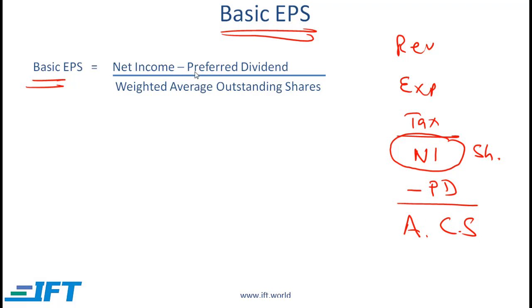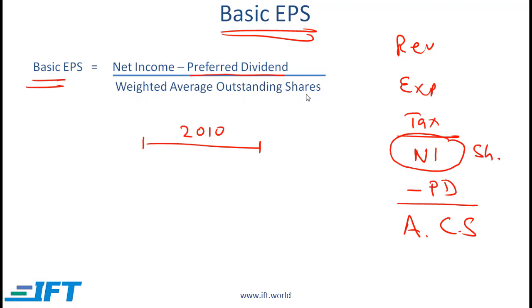That's why in the numerator, we subtract the preferred dividend. This gives us the income available to common shareholders over a given period, let's say for the year 2010. We then have to divide by the weighted average shares outstanding.